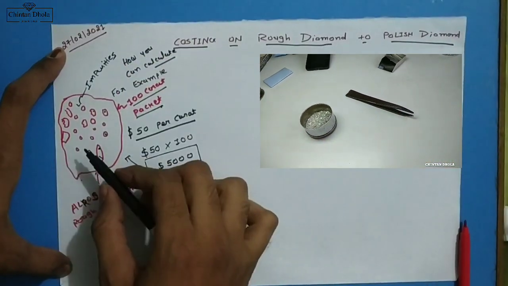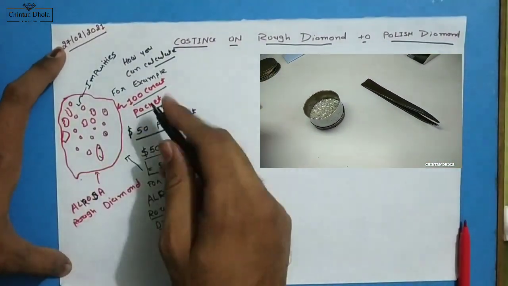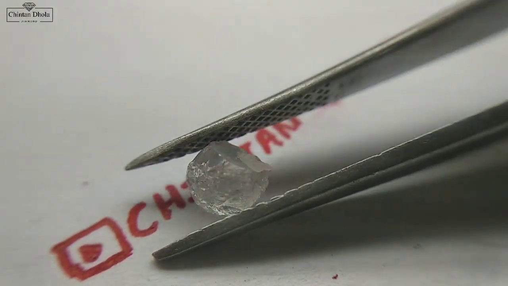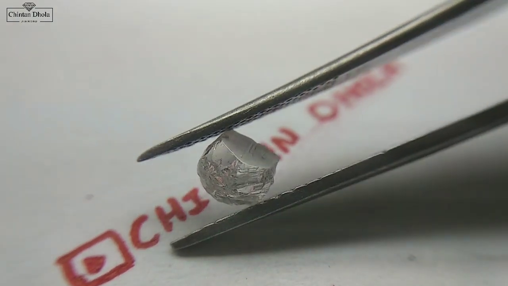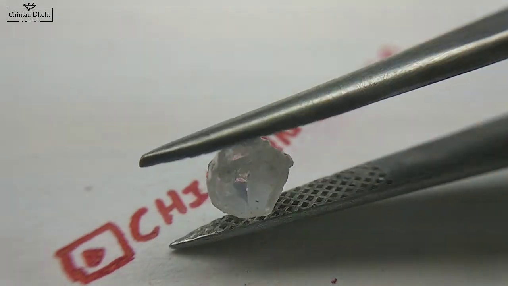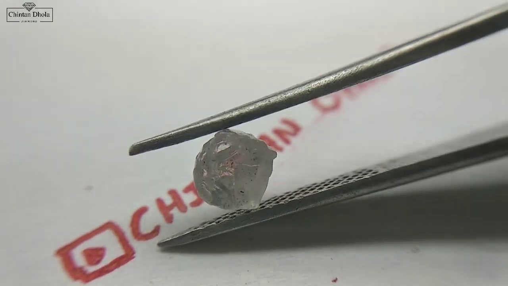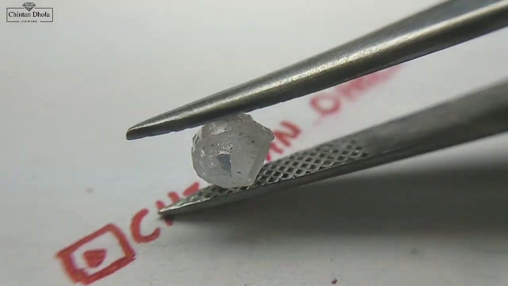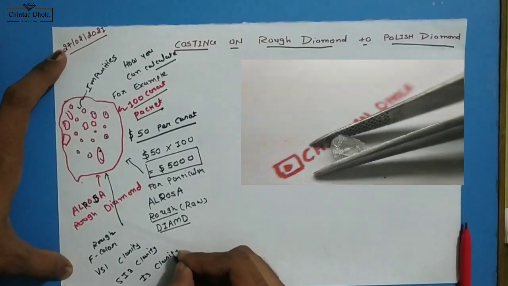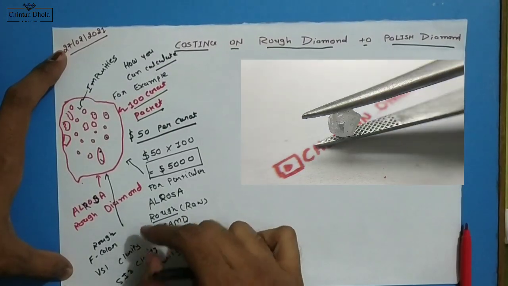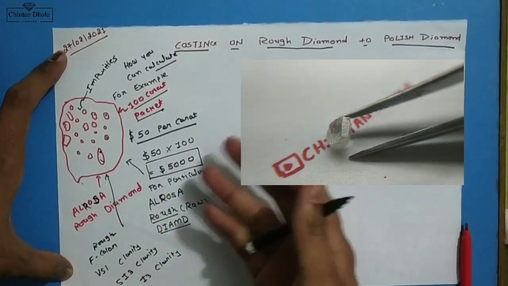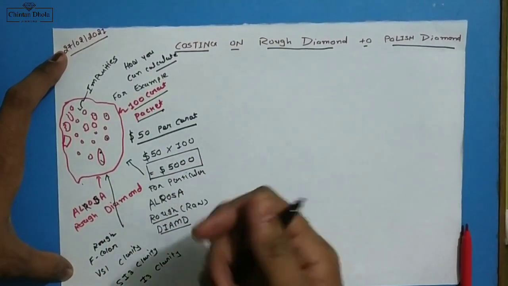Some diamonds are very unique, like F color rough diamond with VS1 clarity. Some diamonds have SI3 clarity. Some diamonds have I3 clarity. In a particular rough diamond. And you can look here in this video, you can also see different types of impurities inside that diamond.